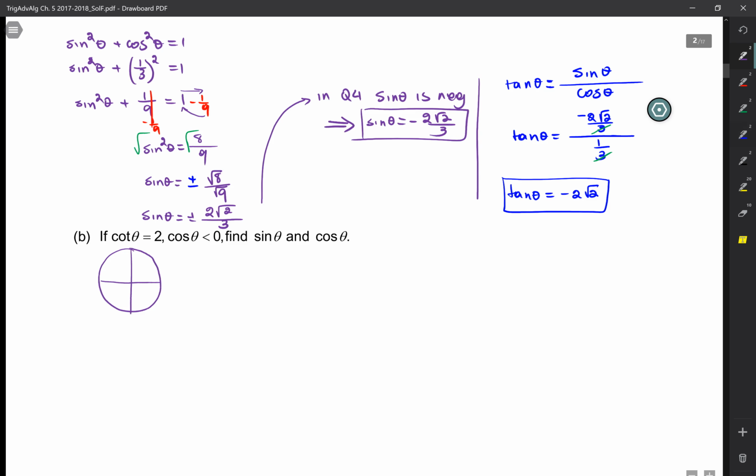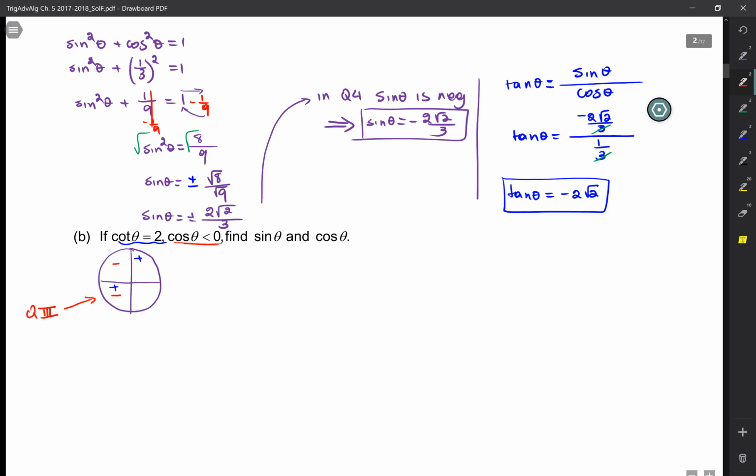Cotangent is 2. Okay, so cotangent is positive, right? Where is cotangent positive? First and the fourth. No, first and the last. It's cotangent, it's like tangent. First and third. Where is cosine negative? Second and third. So our answer is in quadrant 3.